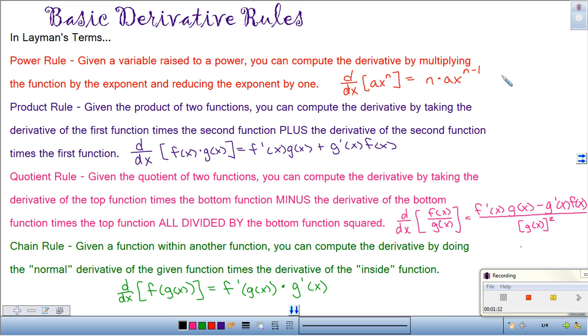Leibniz, I believe, was German, and he developed this notation. And this is the derivative with respect to x. And there was this big controversy about, they thought that Leibniz copied Newton's work and vice versa, and it was a really big deal back in the day.